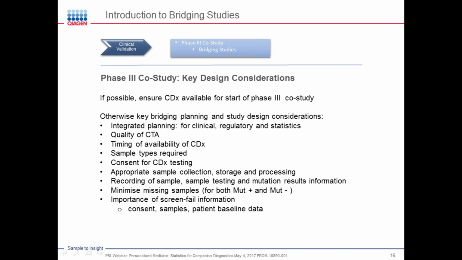And I think the final 3 bullets are worth emphasizing. So that's recording of sample testing and mutation results information, to really pay a lot of attention to that and make sure that it's complete. We want to minimize missing samples so that we can have a robust bridging study and minimize or completely eradicate any potential issues with selection bias of samples for CDX testing.